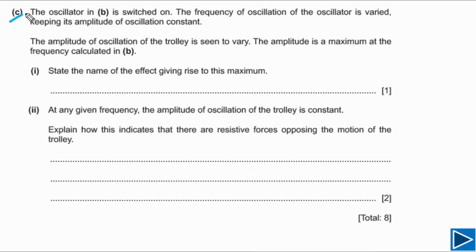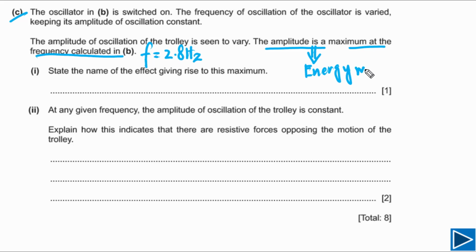For part C, it is given that the amplitude is a maximum at the frequency calculated in B. In part B, we calculated the frequency, which was 2.8 hertz. Now we need to understand that when the amplitude is maximum, it simply means that the system is absorbing the maximum possible energy.